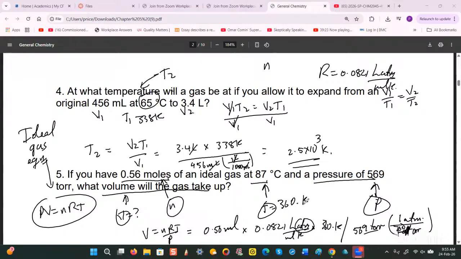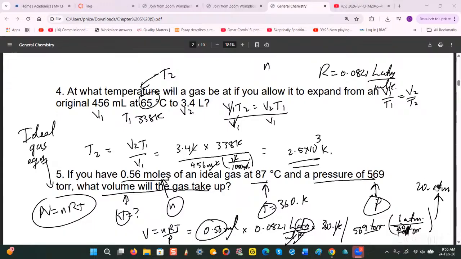Okay, so according to my calculation, now I need to round this off to 2 sig figs. So according to my calculation, this will be equal to 20 atmospheres. All right, and I have to round it off to 2 sig figs because of this right here. And just to show you how the units will cancel out, the mole units will cancel out here and here, Kelvin will cancel out here and here, the liters unit, oh, my bad, that should be liters, not atmospheres.